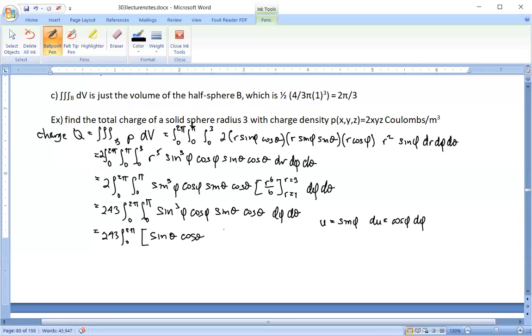Integrating that is just going to be u to the 4th over 4. So that's just going to be sine to the 4th phi over 4 as phi goes from 0 to pi.